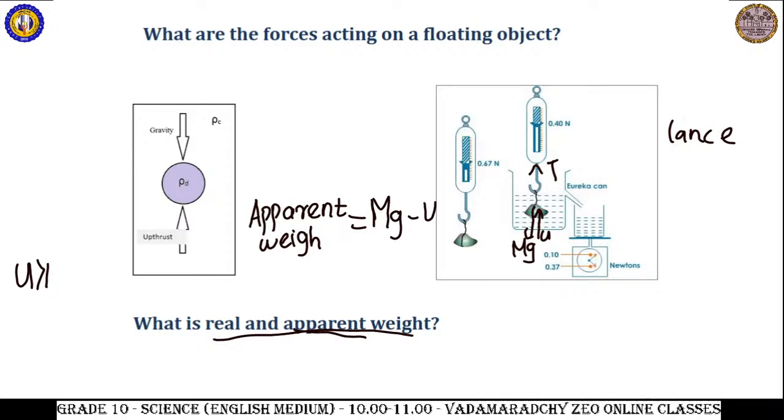The apparent weight is equal to weight of the object minus upthrust.